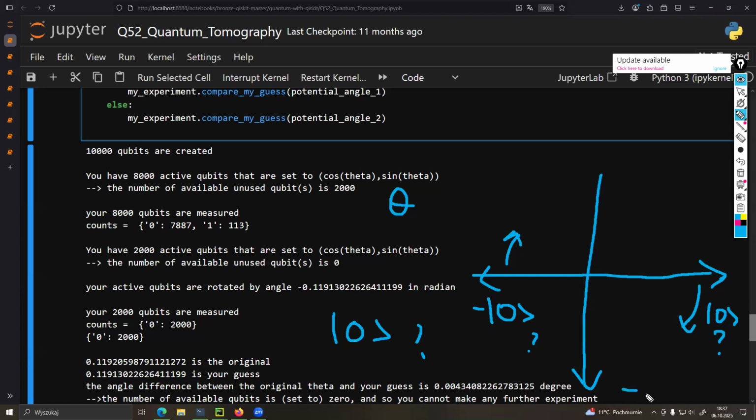There is -1 as well, and there is +1. So it is very hard to tell where I am, because after measurement, both amplitudes get squared and I get the same distribution in both cases, no matter from where I land.